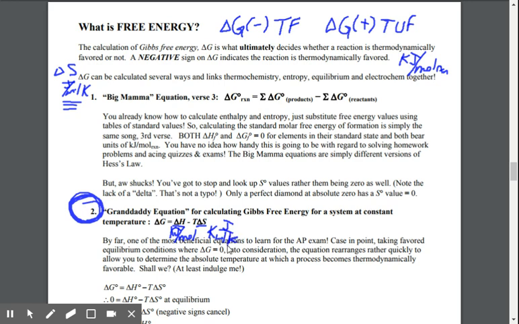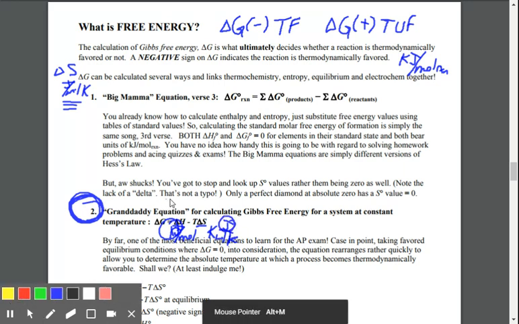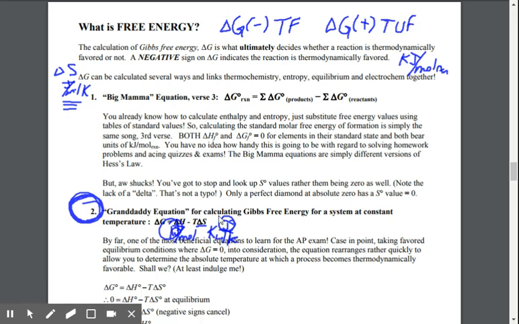So this is in kilojoules, but this is in joules. Now, what are we going to have to do? That means that we're going to have to convert one of these two. Which one do we convert? Well, because we want delta G to be in kilojoules per mole reaction, more than likely we're always going to convert delta S into kilojoules.